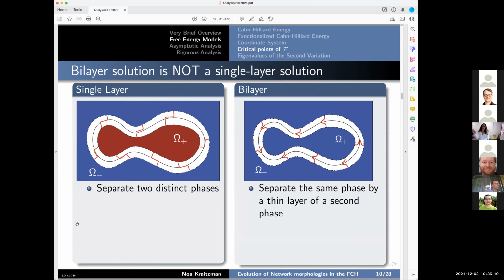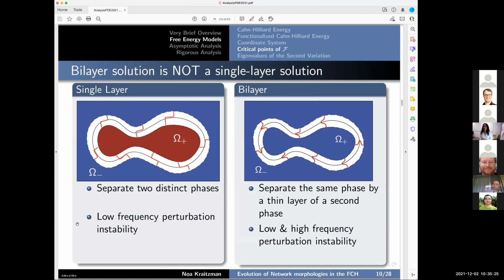It separates two regions of phase A by a thin layer of phase B. Both structures are sensitive to low frequency perturbation, which will lead to geometric motion. However, the bilayer is also sensitive to pearling. And the bilayer can be used to model cell membranes. We can talk about opening a hole in the interface, and that just doesn't make sense for the single layer.